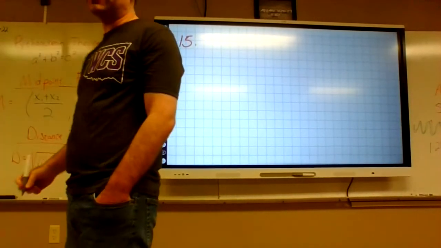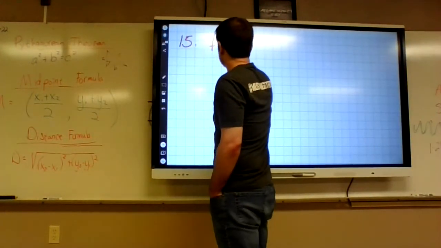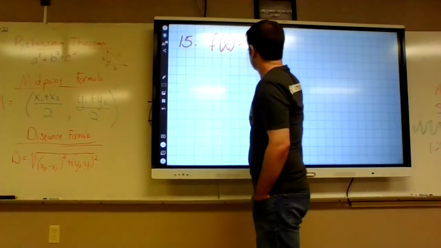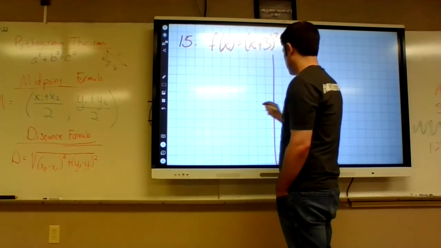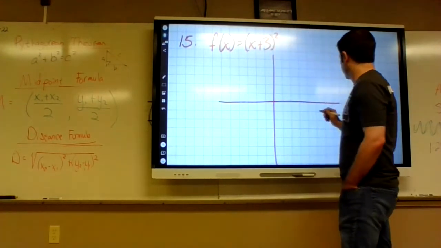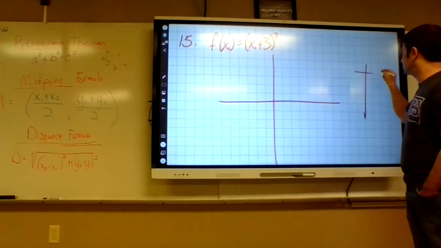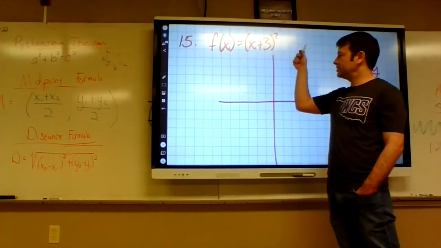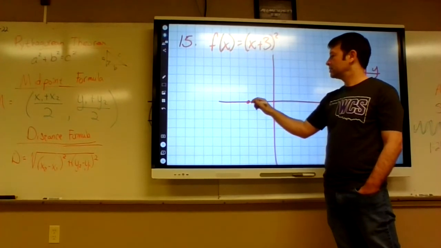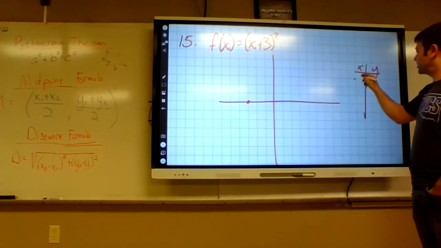Number 15. f of x equals (x plus 3) squared. Where is the vertex going to be? -3, 0. It's going to be going up also, right?